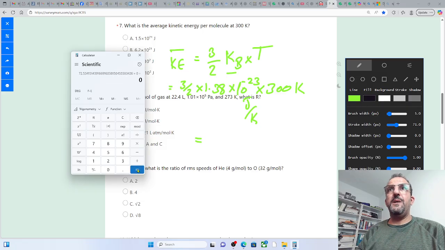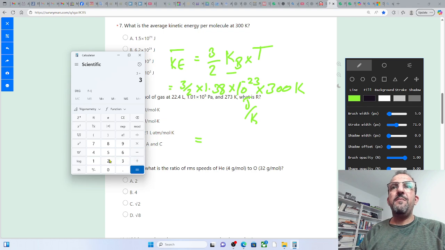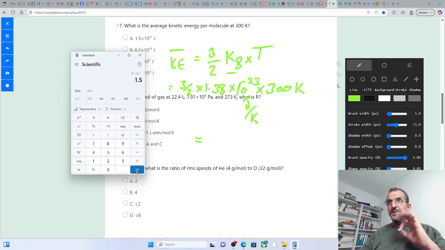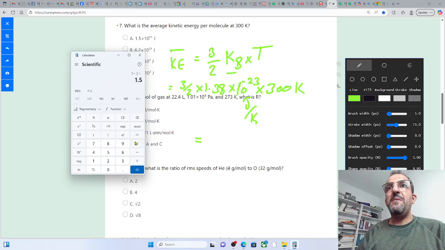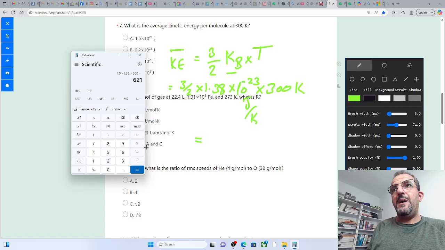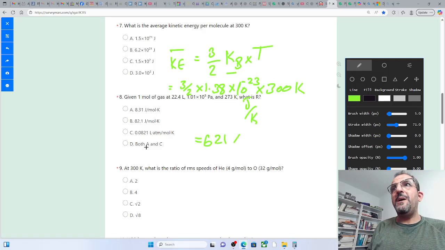So I need to refresh the calculator. So 3 divided by 2, the 3 degrees of freedom, and then I multiply that by 1.38, and then I multiply that by 300, so that's equal to, I have here 621 times 10 to the power minus 23 joule.